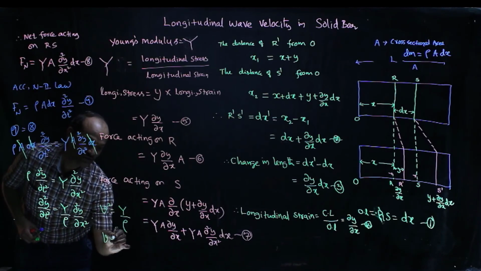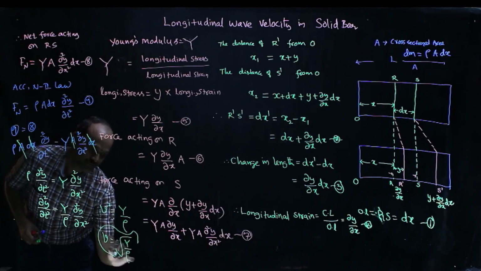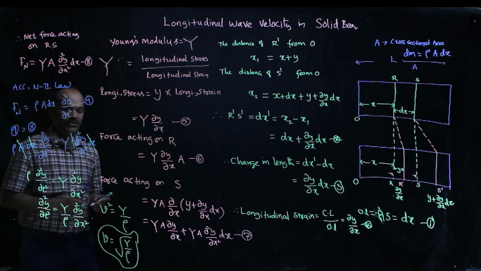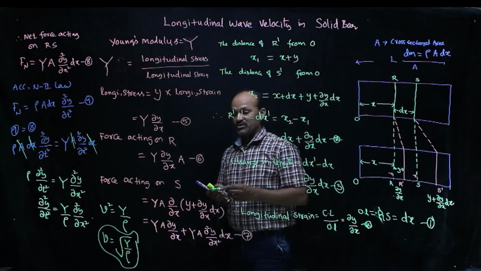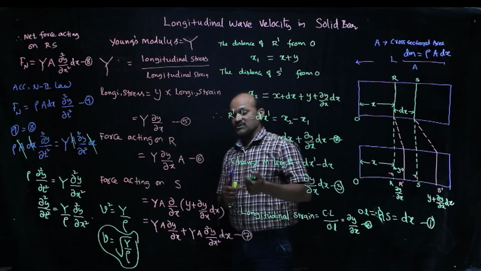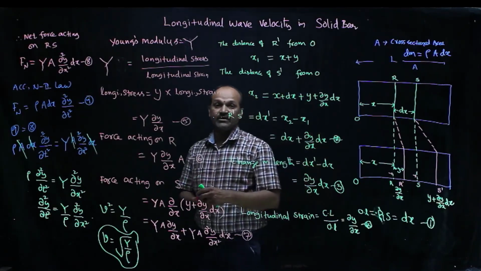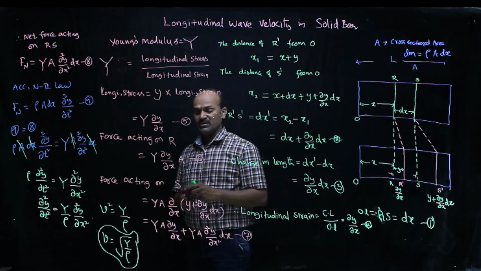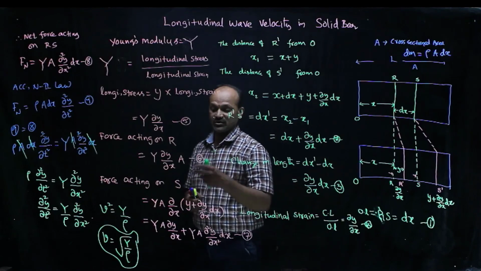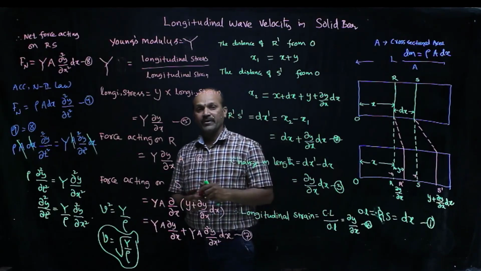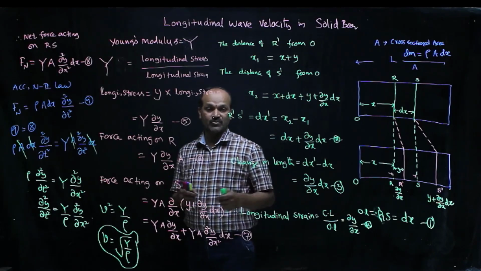So the velocity of the longitudinal wave in the solid bar, when an acoustic wave or longitudinal wave is being propagated in the solid bar, is root of Y by rho. And this is the longitudinal wave velocity in a solid bar.